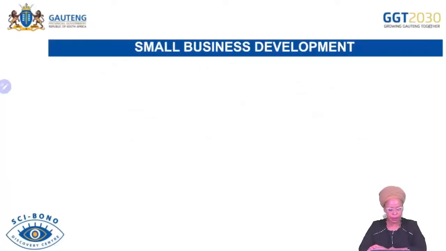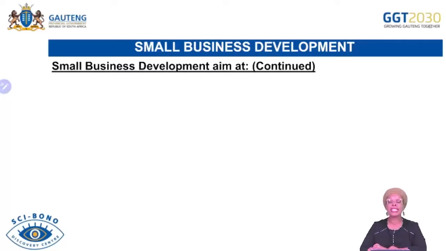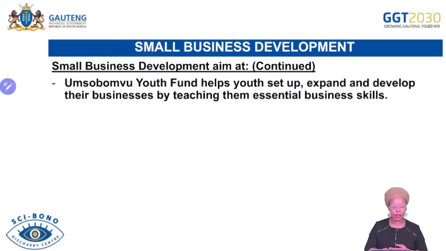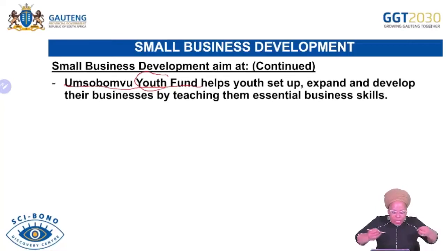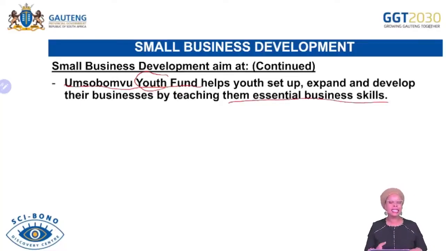Remember that one of the aims of small business development is to empower women and youth. So we also have Umsobomvu Youth Fund. By merely seeing youth, this is a particular program which helps the youth to set up their businesses, to even expand them by teaching them essential business skills.